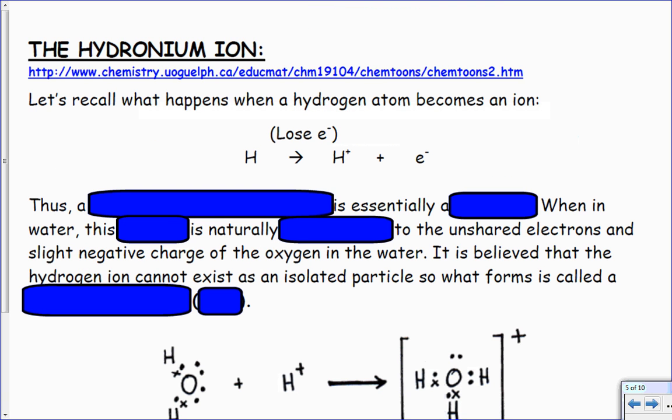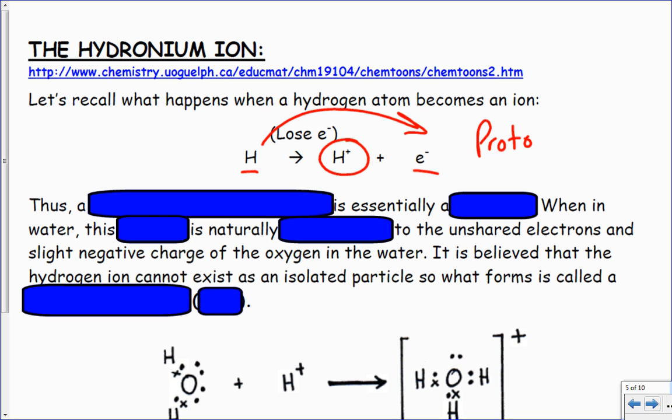So the hydronium ion, as it exists, this is what happens. I have a hydrogen atom. It's got 1 proton and 1 electron. We learned that a long time ago. If my electron leaves and goes over here, I am left with an H plus, or a proton, we call that.